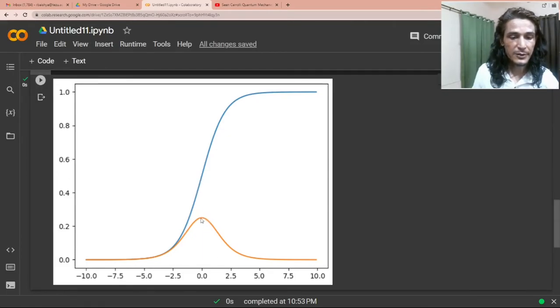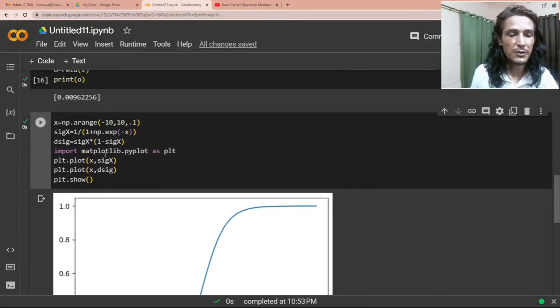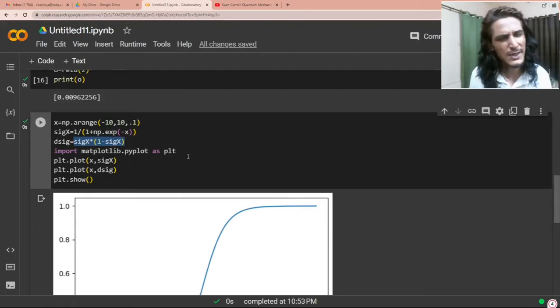The rate of change is at its peak when x is at 0, and it slowly fades away in both directions, left and right. So visually, at least, I'm showing you that this is the derivative of the sigmoid function.